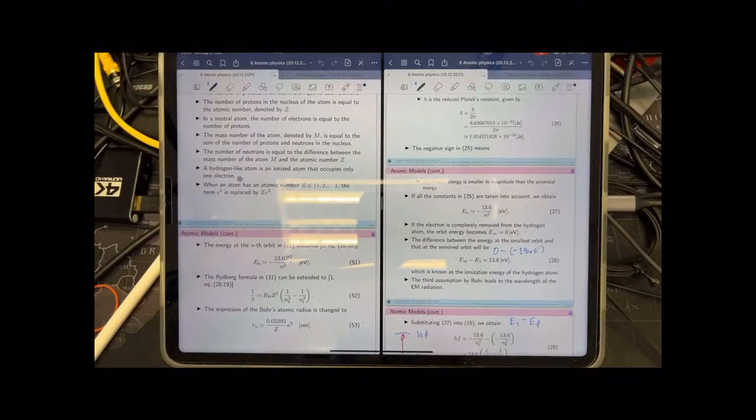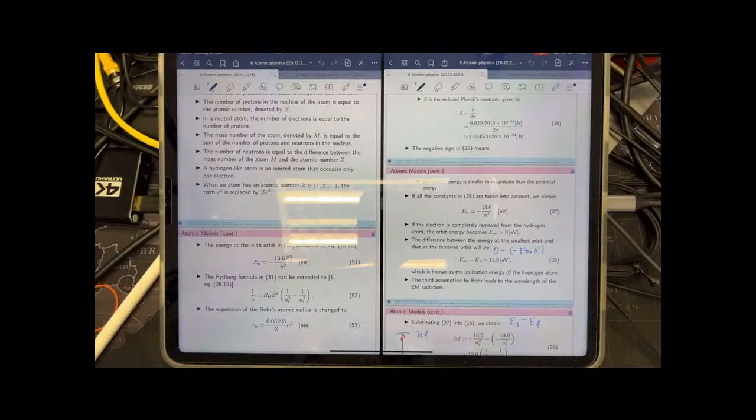Or you have something like lithium, which is bigger than helium, the next element. You have to throw away 2 electrons for the lithium atom.